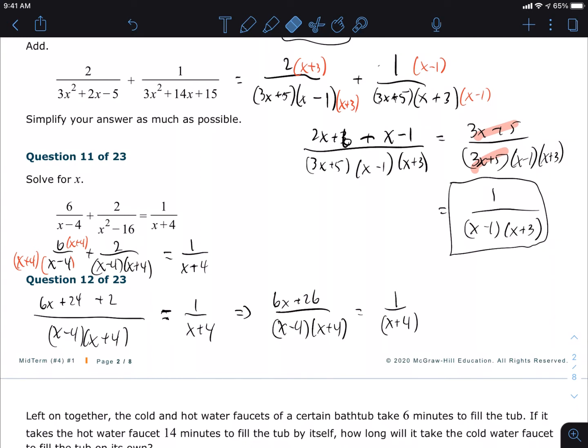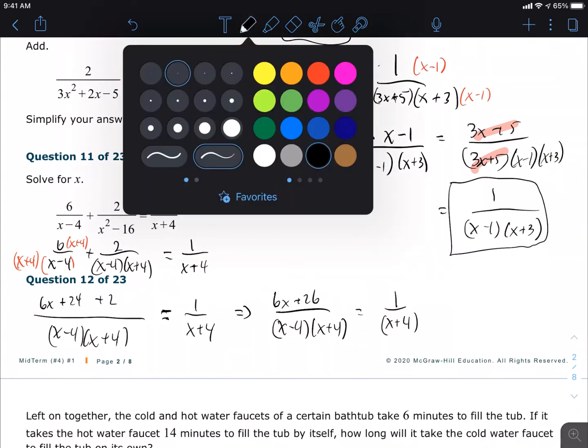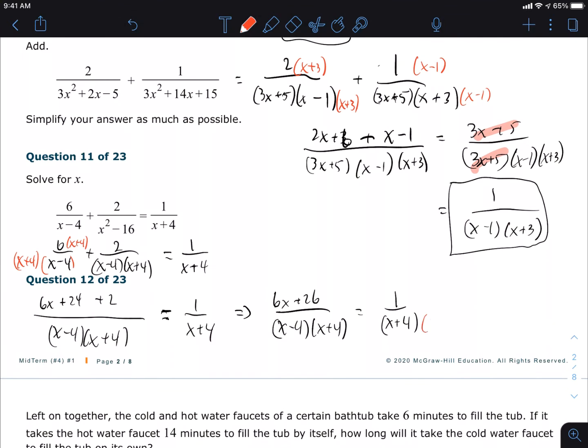If we notice, the right side looks the same, has the same denominator. All I need is x minus 4. So if I do this as x minus 4, now I don't need to worry about the denominator, and I can say 6x plus 26 is equal to x minus 4, which is going to give me 5x is equal to negative 30.